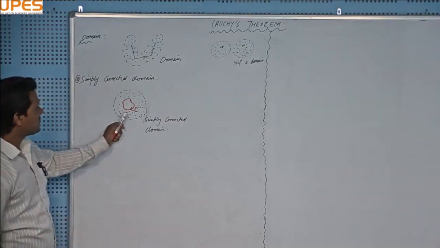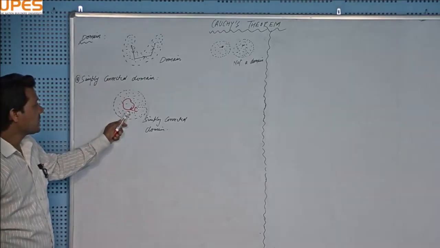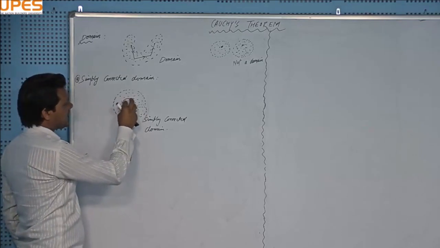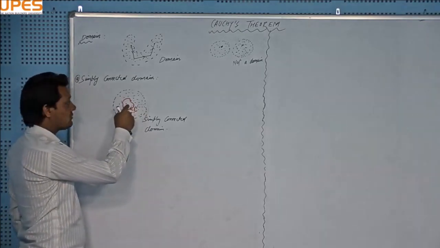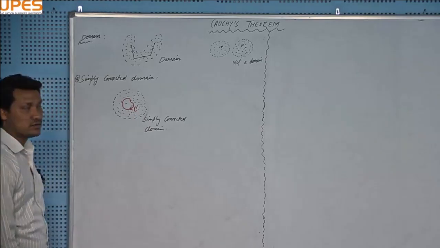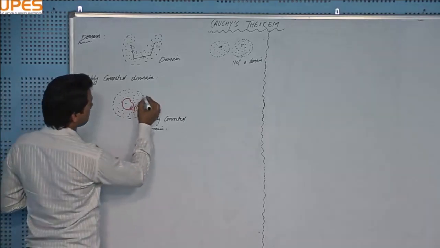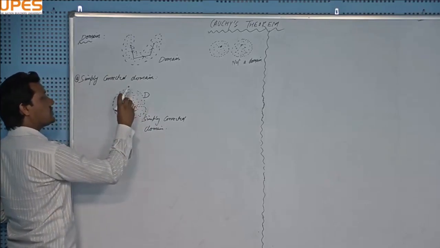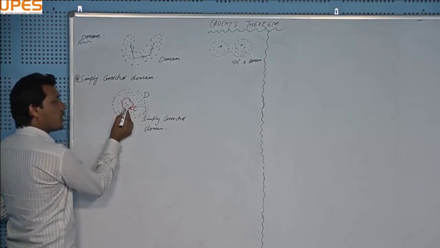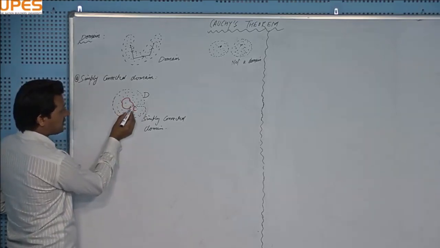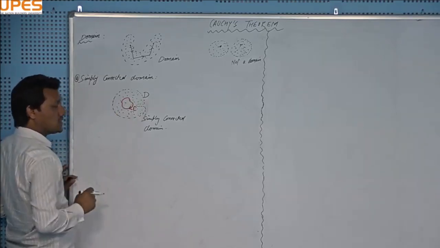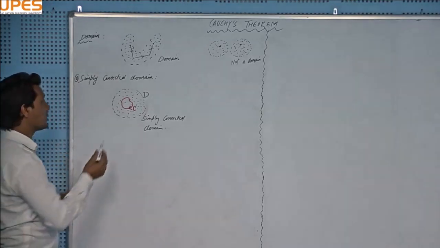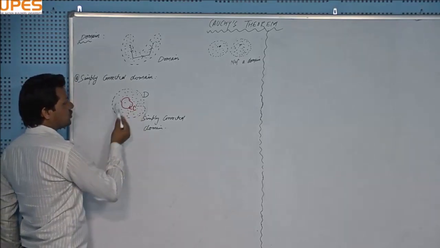Because if we take any closed curve inside this domain and we shrink it, then that curve can be shrunk to a point without leaving the domain D. You can see that this is a domain D, and if you shrink this closed curve, it will shrink to a point, right, and obviously this curve will not leave the domain D. Meaning while in the process of shrinking, the curve will not leave this domain D.